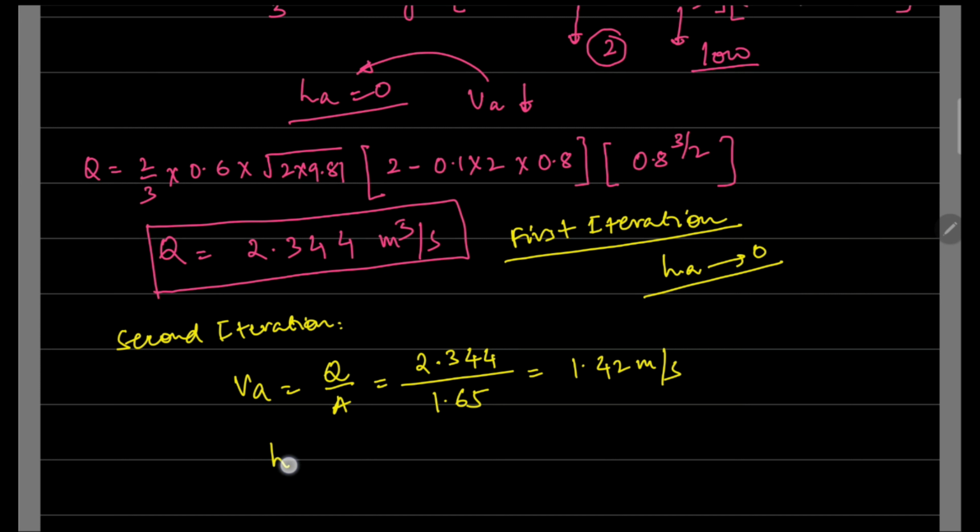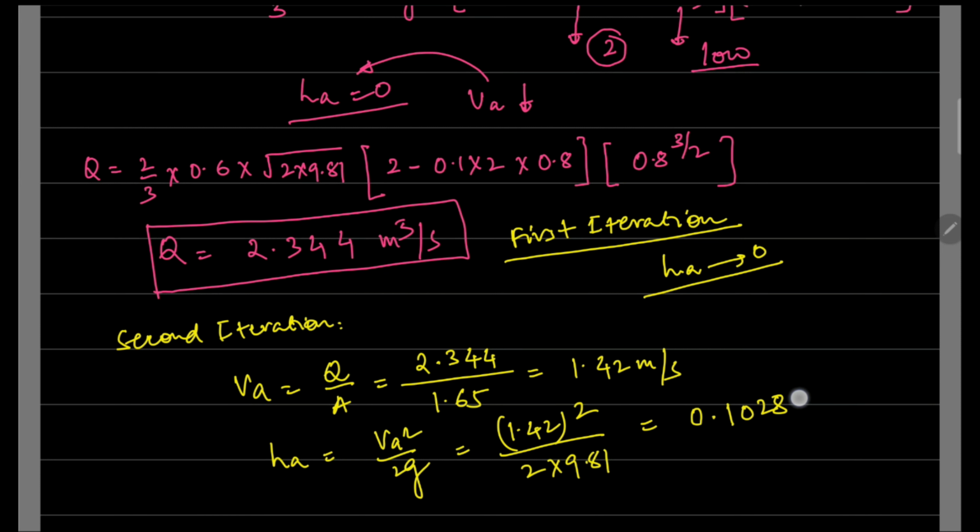And then corresponding to this, HA is VA square by 2G. So 1.42 square divided by 2 multiplied by 9.81. So this value is coming out to be 0.1028 meter.